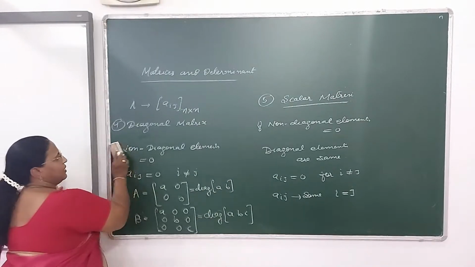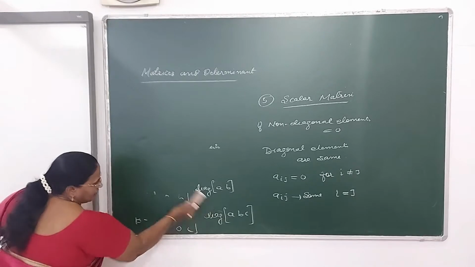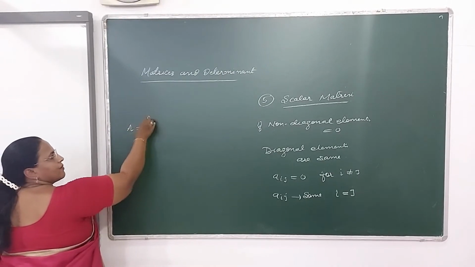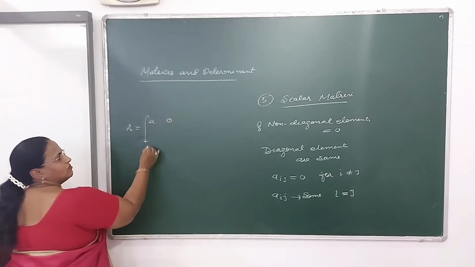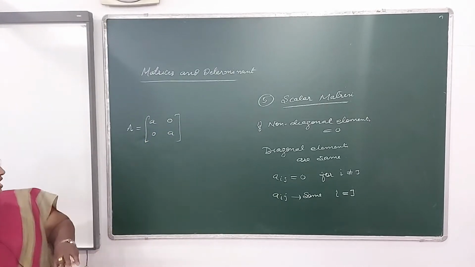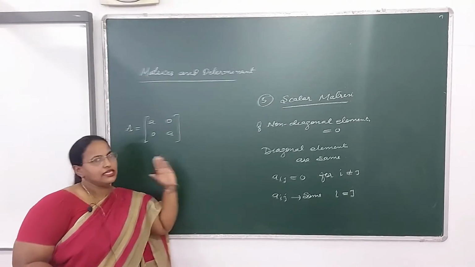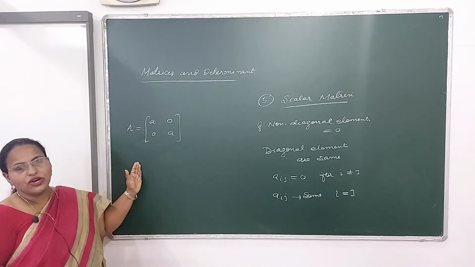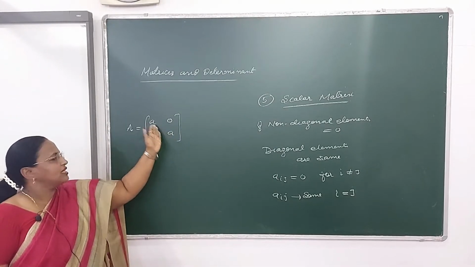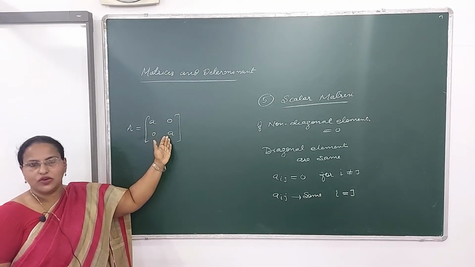For example, let A be the matrix [a 0; 0 a]. Now here you see, check whether this matrix follows both the conditions or not. The non-diagonal elements are 0 and moreover the diagonal elements are the same, they are equal.